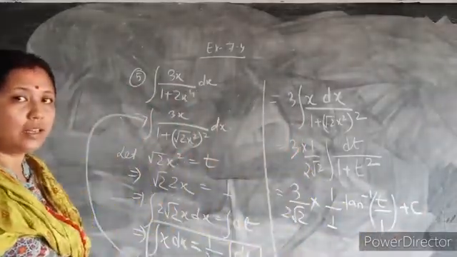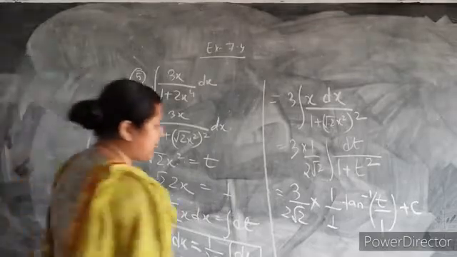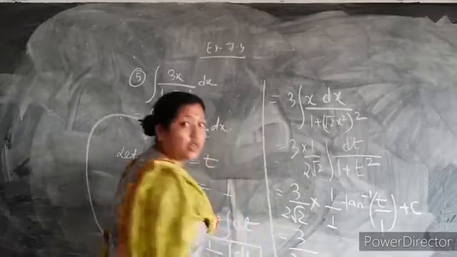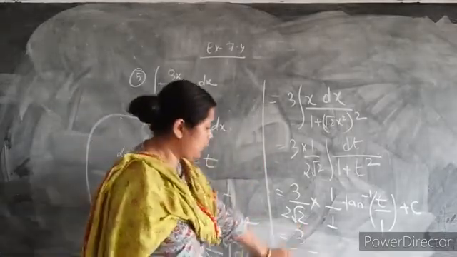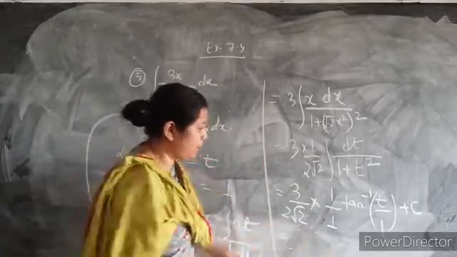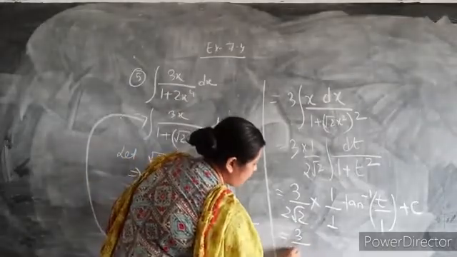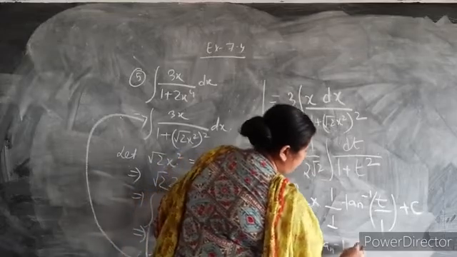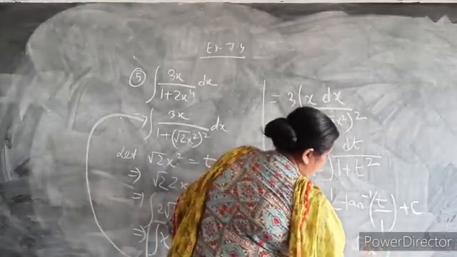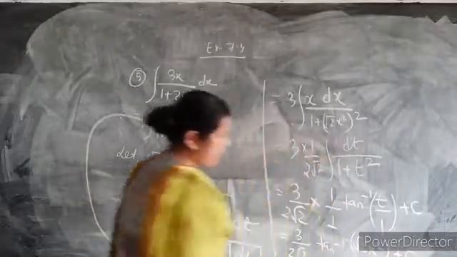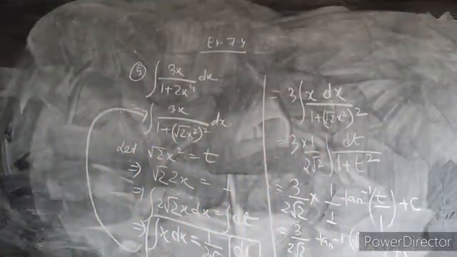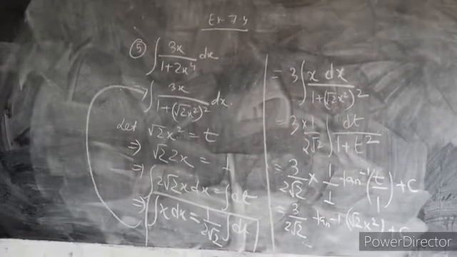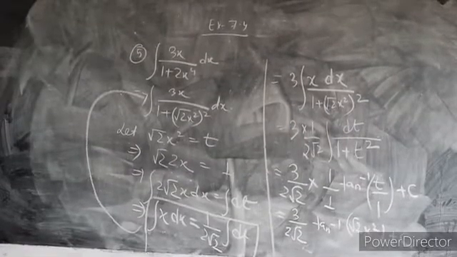So what will be the final answer? 3 upon 2 root 2 tan inverse of t, and t we have considered as root 2 x square, plus c. This is the final answer of question number 5: 3 by 2 root 2 tan inverse root 2 x square plus c.